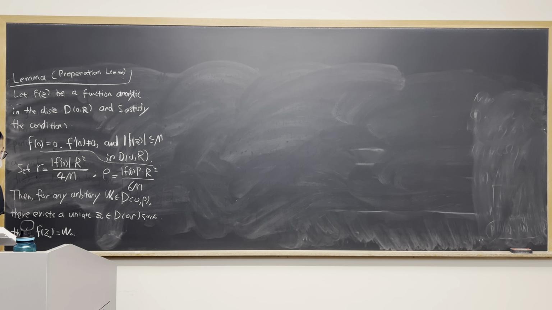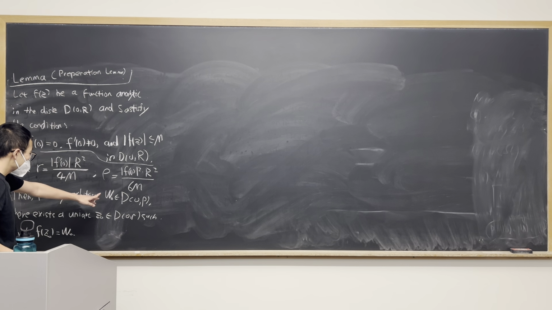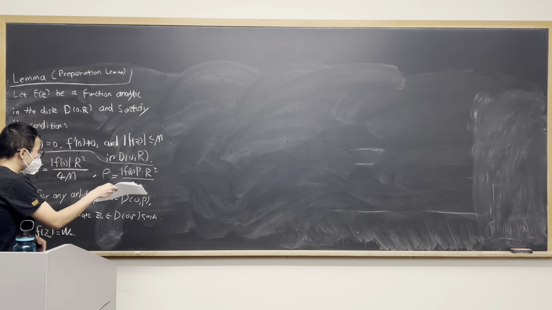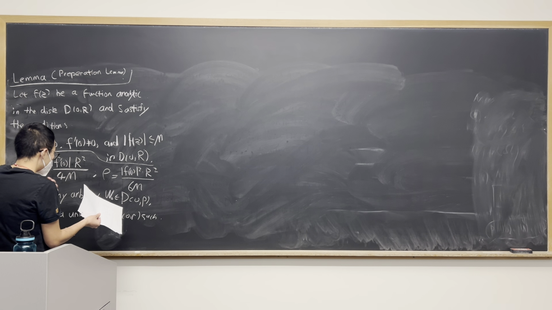Basically, you pick any w naught. This is the special radius, defined by the modulus of the derivative squared times R squared over 6M. You can just understand it as a number right now.